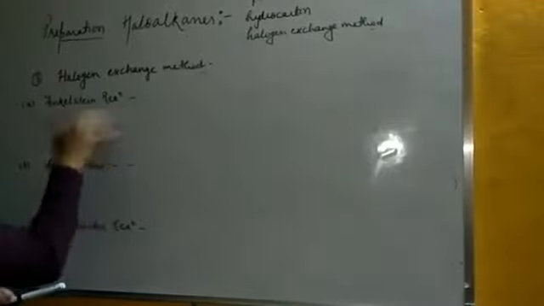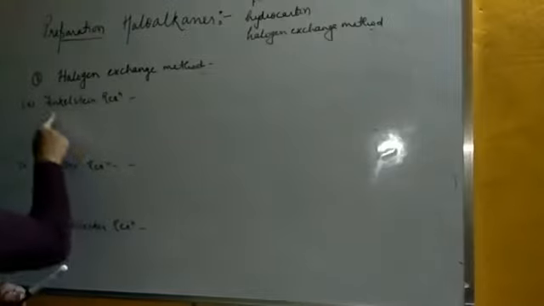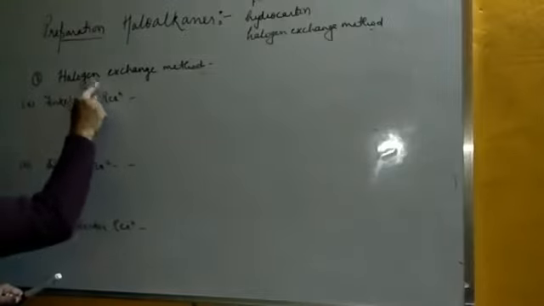Next, we are left with only one preparation. I'm just continuing with it, but we are short of time. The last method is the halogen exchange method. That means we take a particular haloalkane and get it replaced by the other halogen.